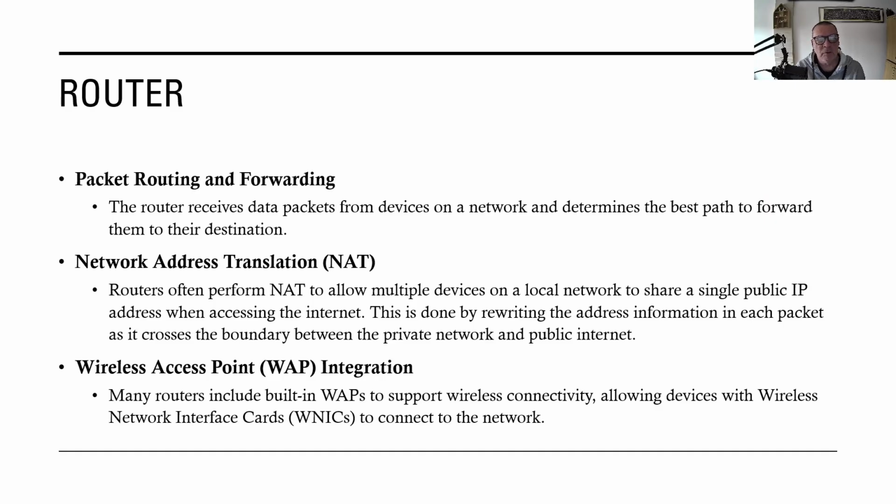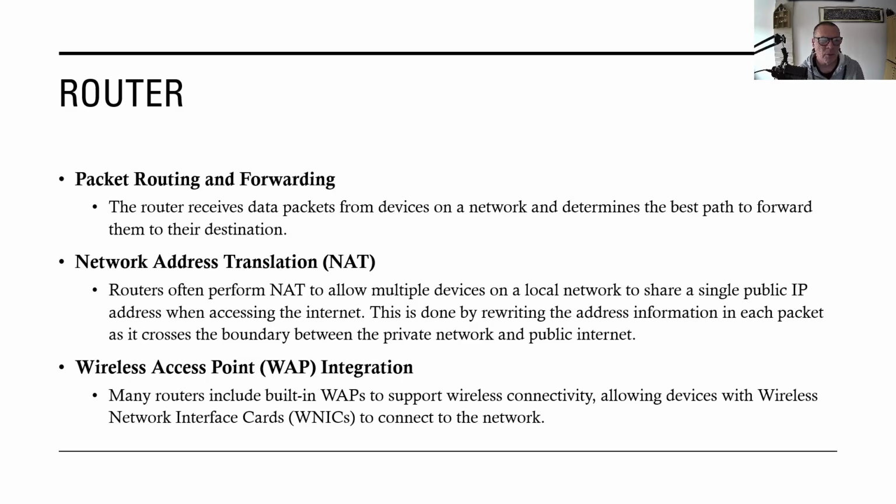So we take a look at the router a little bit more. The job of the router is to basically receive packets of data and then to work out where to forward them to. So it's packet routing, forwarding. And it's going to look at the packets to work out how to do that and where to send them. It also does something called network address translation, or NAT.